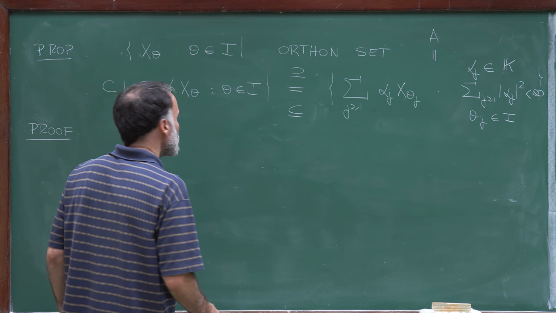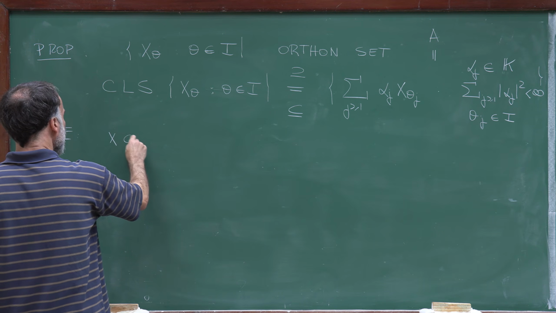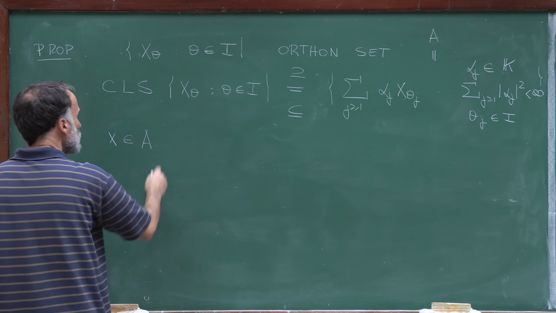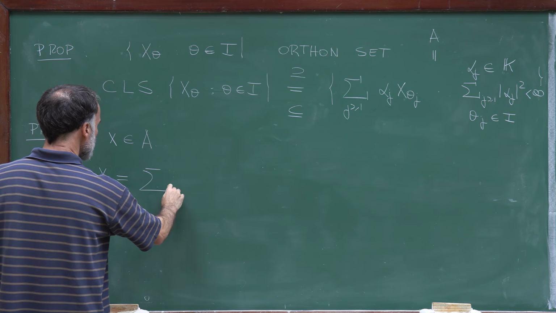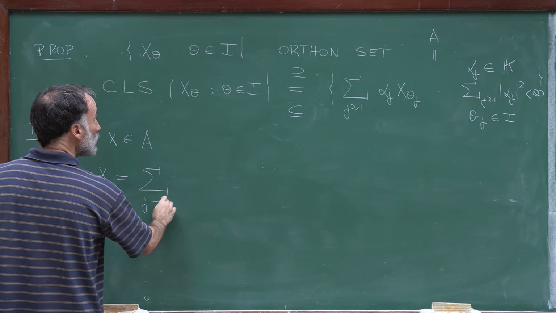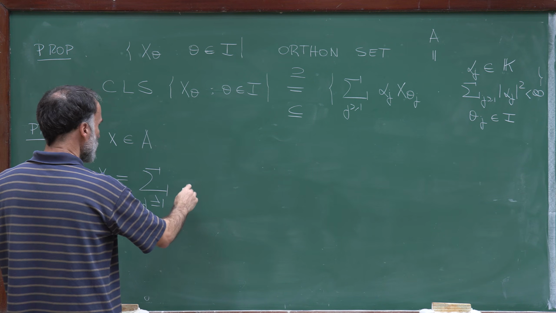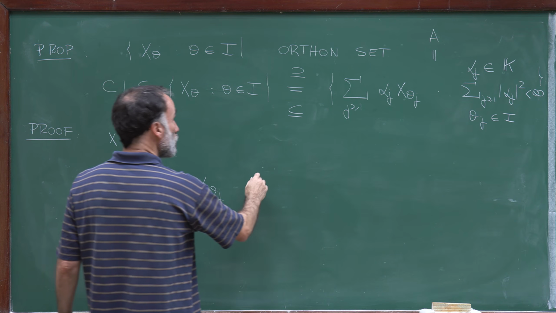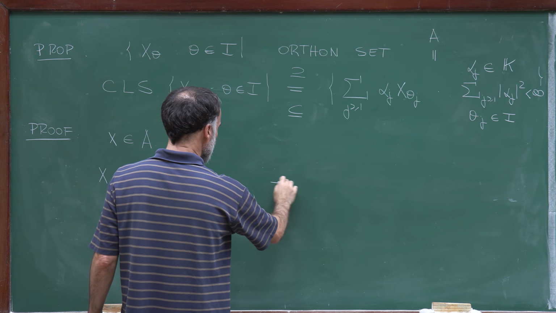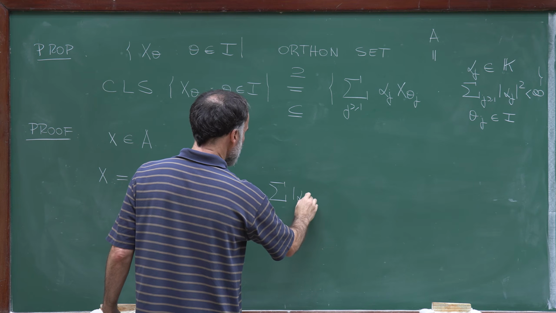So let's take an element of A, x in A. So x in A means that x is equal to the sum from j larger than or equal to 1 of alpha j x theta j, where the alpha j's are square summable.